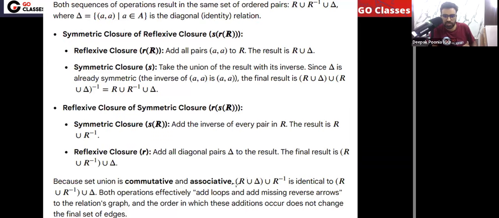Ultimately, whatever you do, first reflexive closure then symmetric closure, or first symmetric closure then reflexive closure, overall you get the same thing in both cases: R union R inverse union delta.